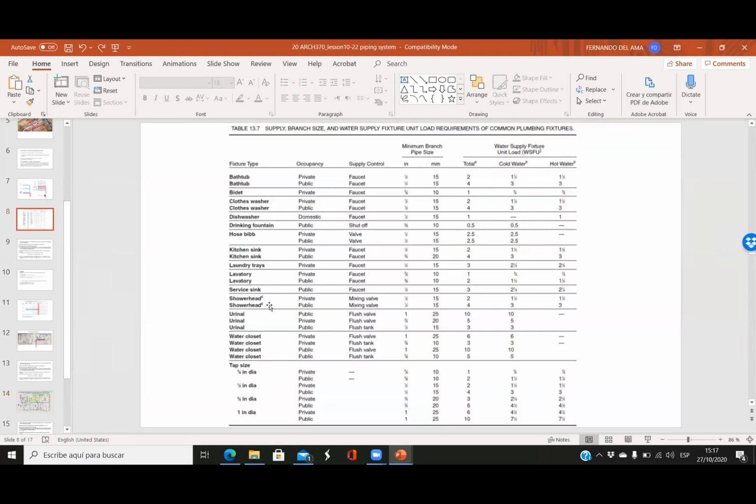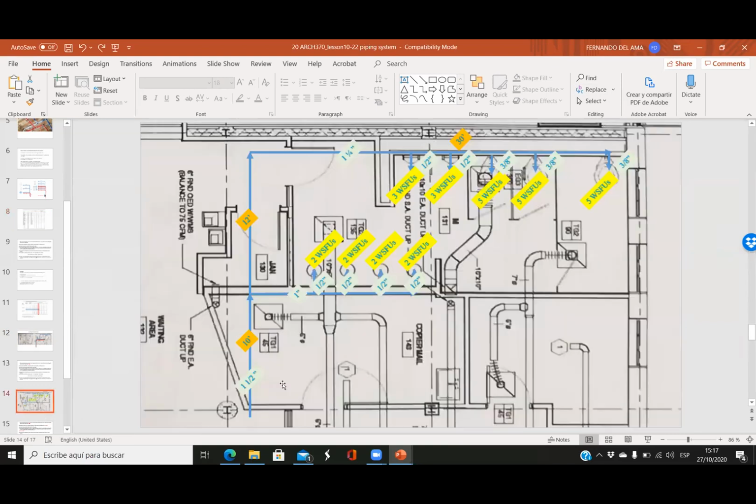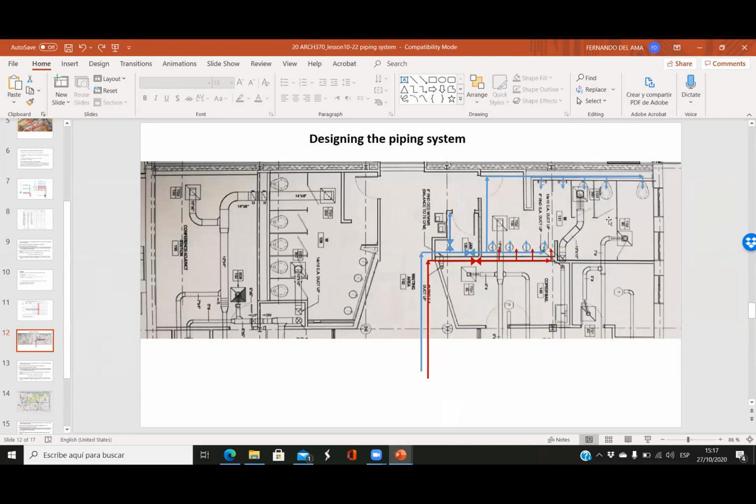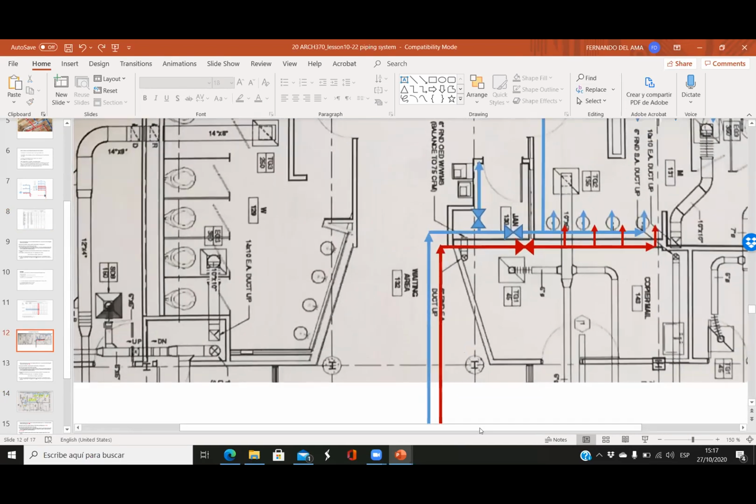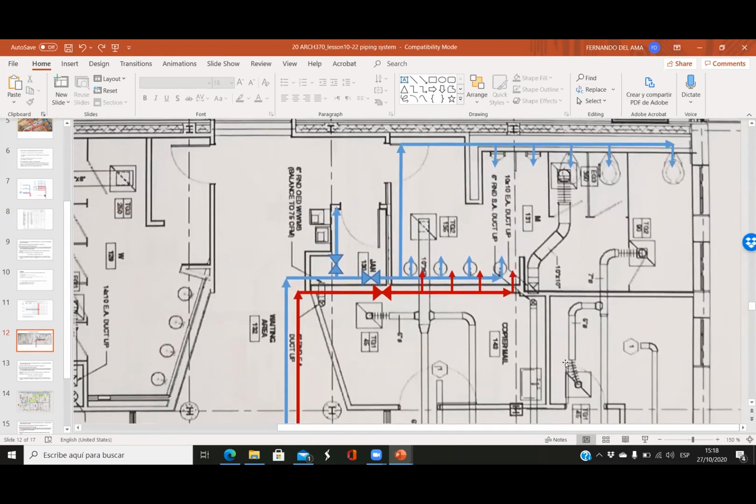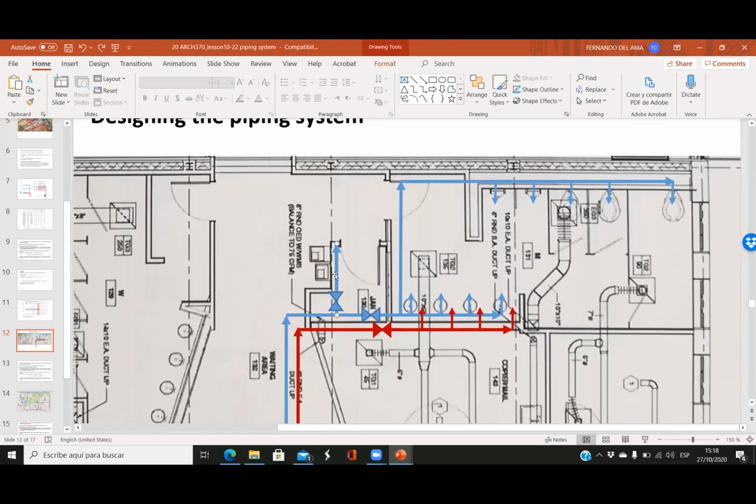So here we have a list of things. So first, we need to count how many fixtures we have. Okay, so if we focus on the men's restroom, I told you that I'm not doing the drinking fountains here.